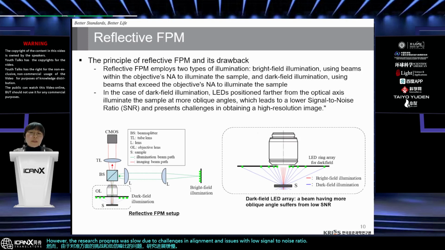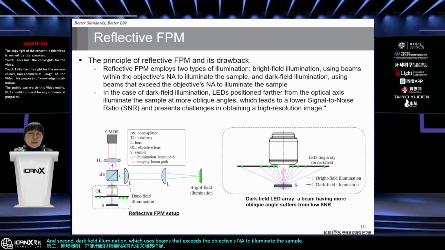Reflective FPM, as shown in the illustration, employs 2 types of illumination. First is bright field illumination, which uses beams within the objective's numerical aperture to illuminate the sample. And second, dark field illumination, which uses beams that exceed the objective's NA to illuminate the sample.